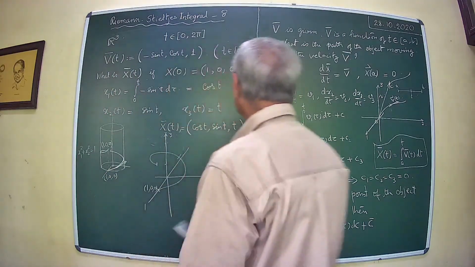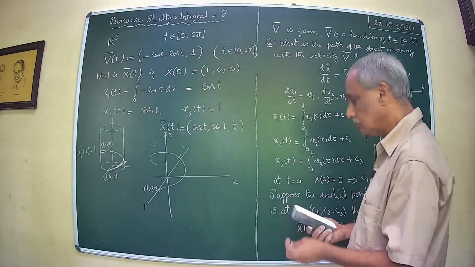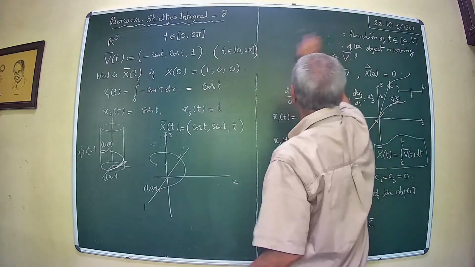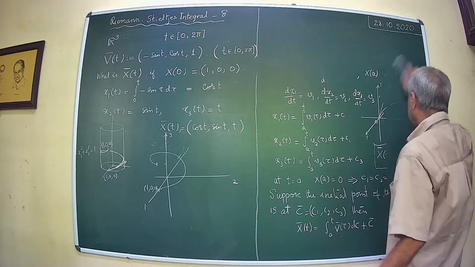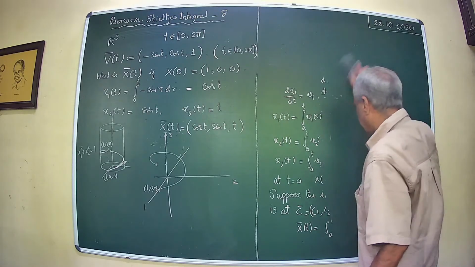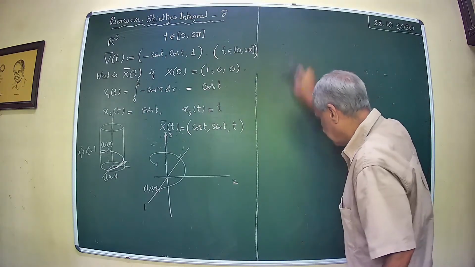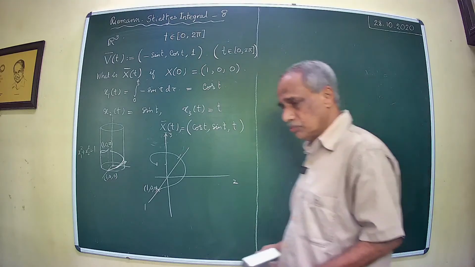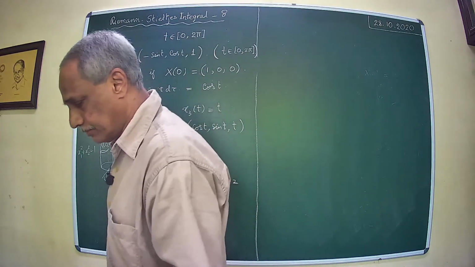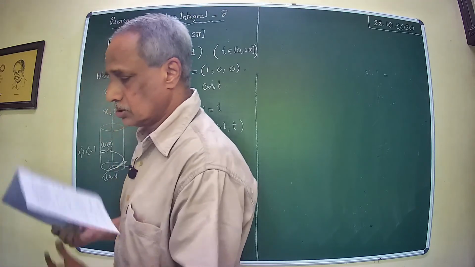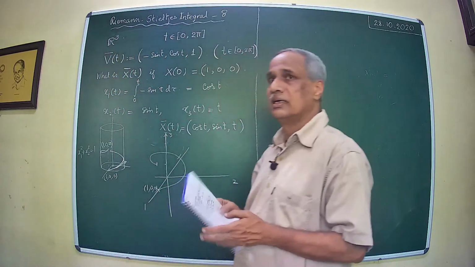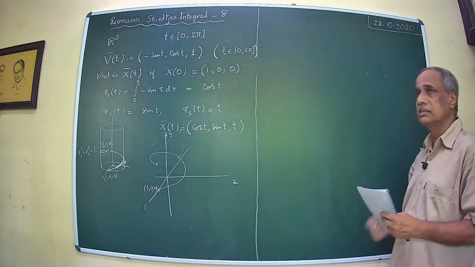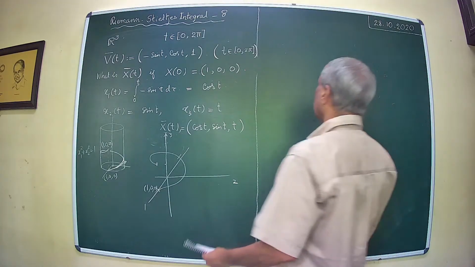Right. Now let me consider an application of the Riemann integration of vector valued functions. For that we have to do a little bit of preparatory work. So we look at the kind of curves called rectifiable curves.